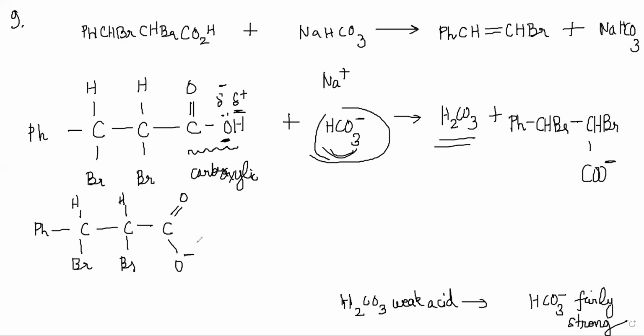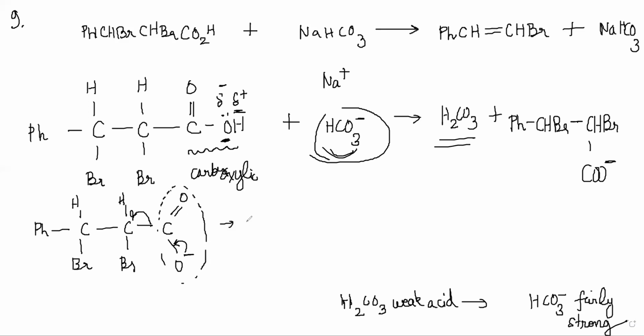Now what can happen is this can form a double bond like this, and this will become CO2, this portion, and this bond can break. Because then CO2 will be released, right?